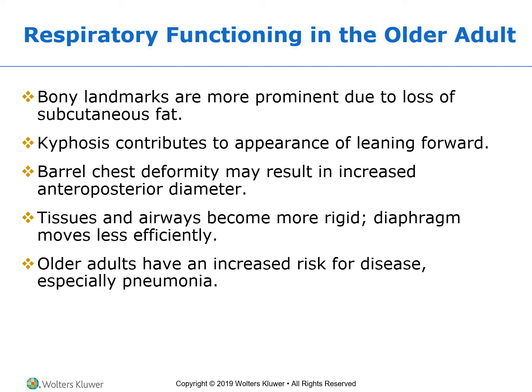If we're not engaging in enough physical activity or we're not keeping ourselves up to condition, we also have to think about how is that affecting the rest of the body. Also, we may have decreased elasticity of our blood vessels and stiffening of our heart valves, which can affect the way our heart functions. Again, if the patient has things like high blood pressure, how does that affect them?